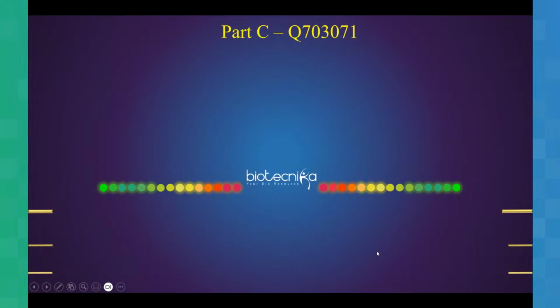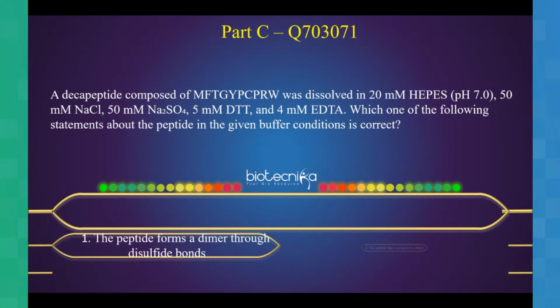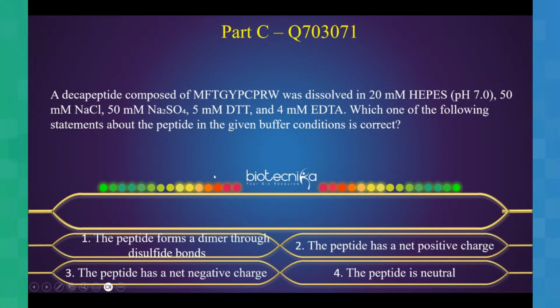Clear everyone, right? Okay, then this question. A decapeptide was dissolved in 20 millimolar HEPES buffer. What does HEPES buffer do? It maintains the pH of a solution, and for this we have pH 7. In that we have NaCl, Na2SO4, which are anyway there to maintain the pH.